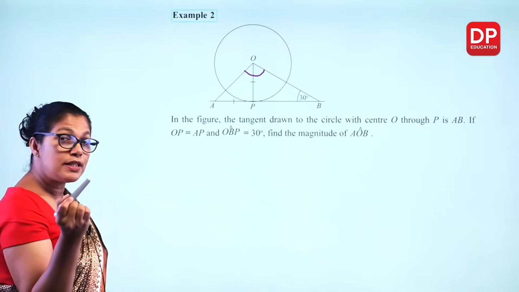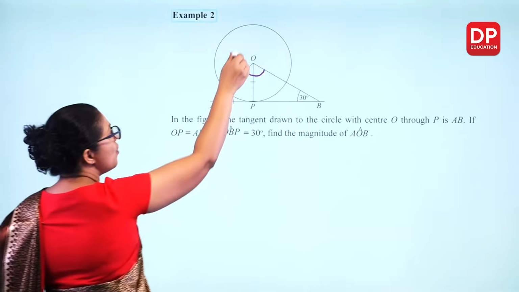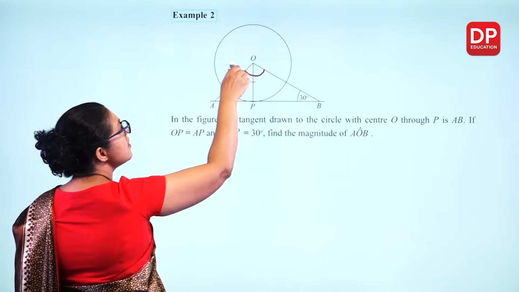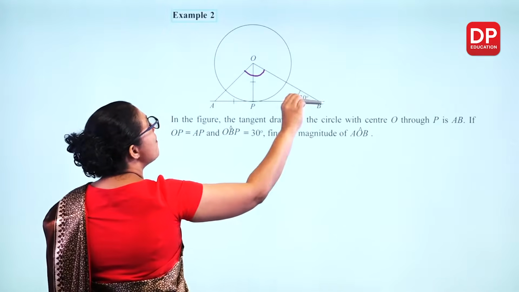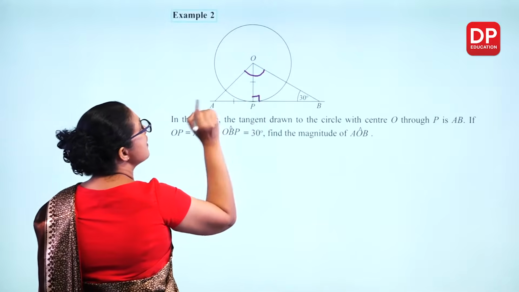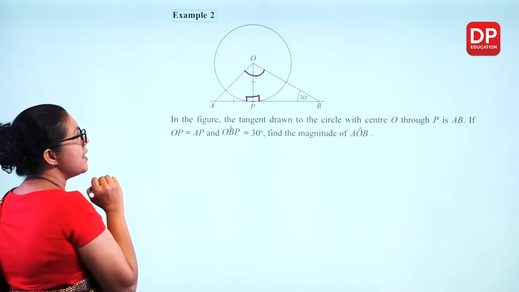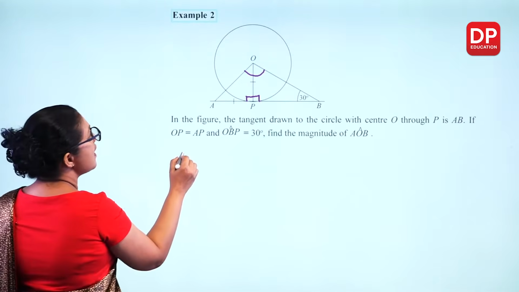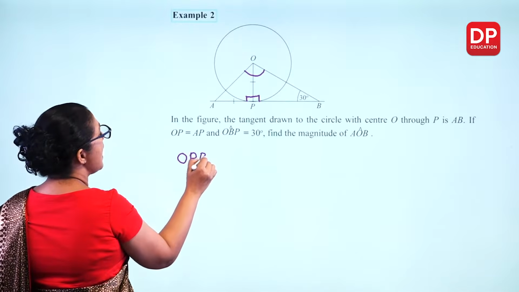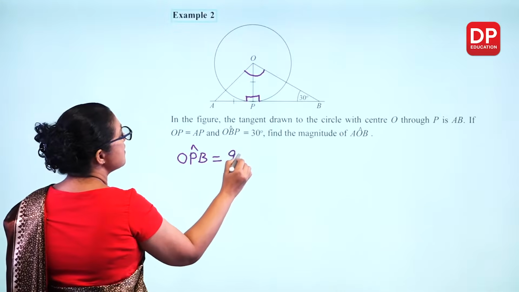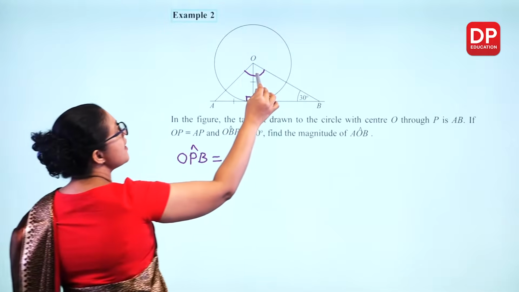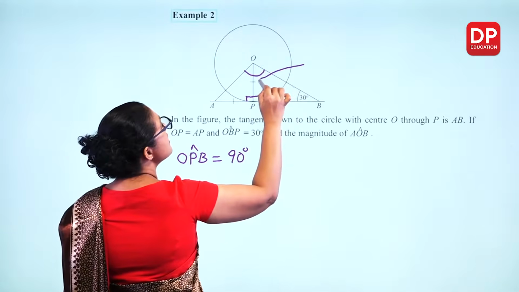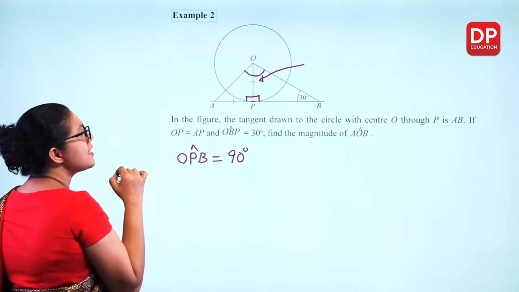But according to the tangent theorem, we know the radius drawn to the tangent is perpendicular here. So we can write down angle OPB is 90 degrees. Then what can you do? We can find out this angle. So this angle is 90 minus 30.